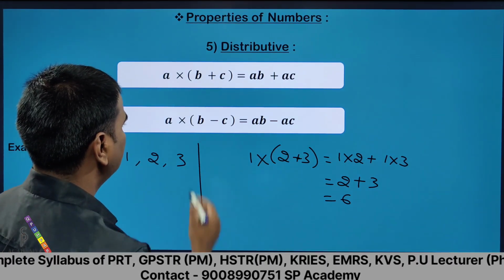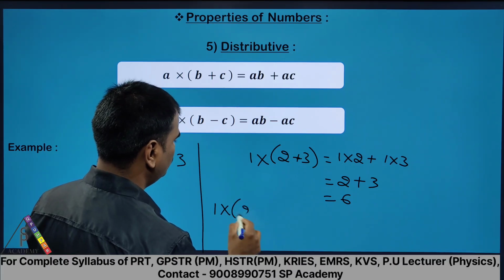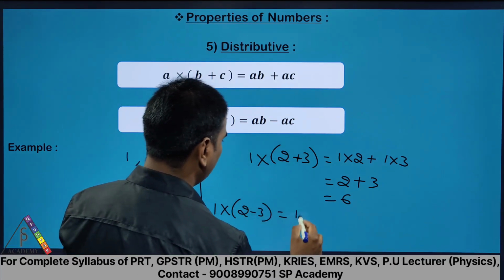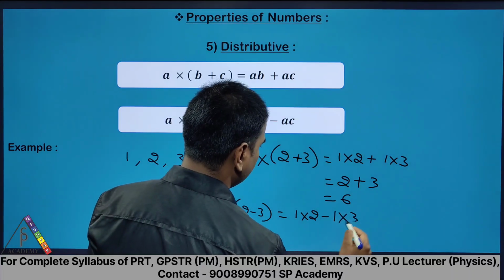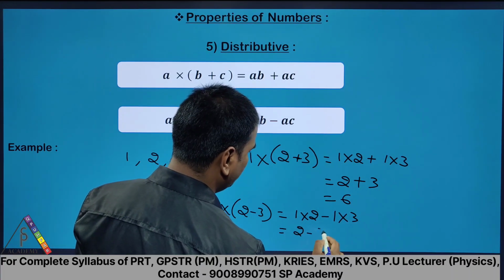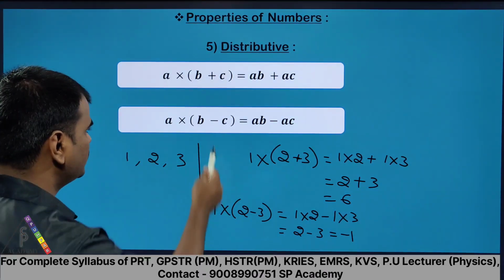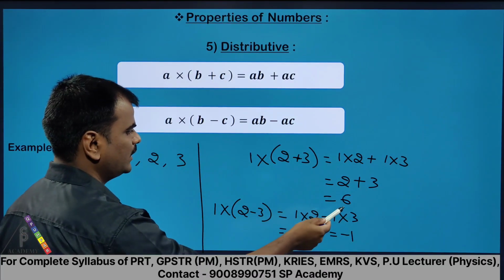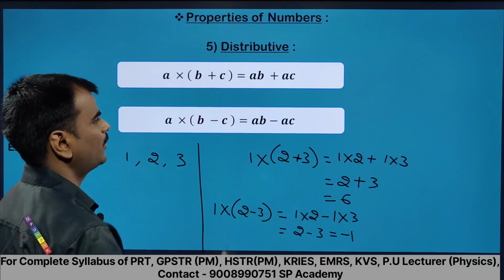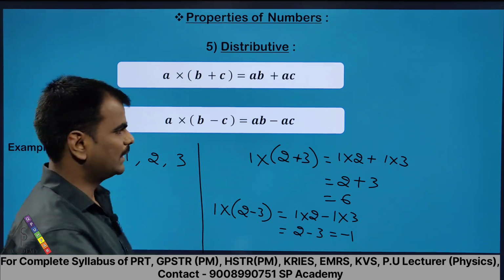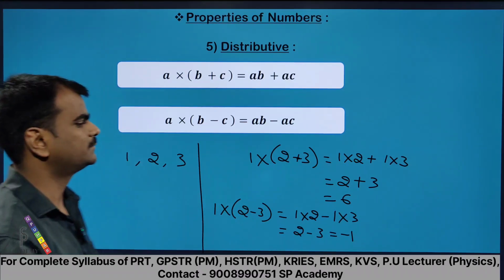Now when you check the other property, 1 into 2 minus 3 will be equal to 1 into 2 minus 1 into 3, that is 2 minus 3, that is minus 1. When you check these two properties, in this we are getting integers, so this property is not valid for whole numbers. Like this you can check the distributive property for the other numbers.